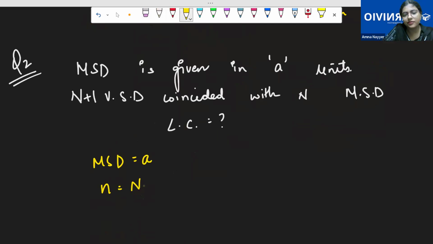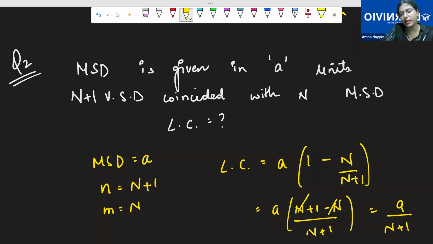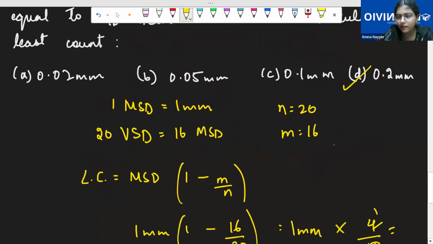Here we have the main scale divisions as n plus 1 and the Vernier divisions as n. So finally, we can say the least count is A times 1 minus n by n plus 1. When you take the LCM, A times n plus 1 minus n divided by n plus 1, so n will be cancelled. The answer is A by n plus 1. Now these kinds of questions you will be able to solve.